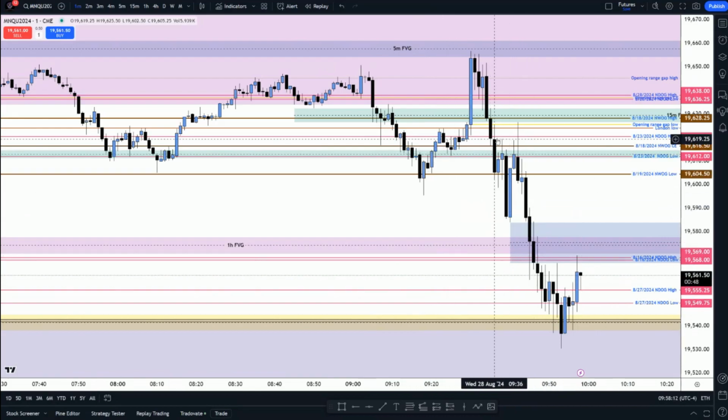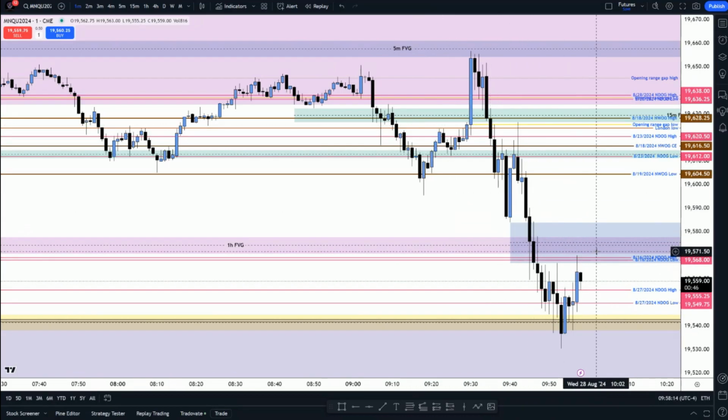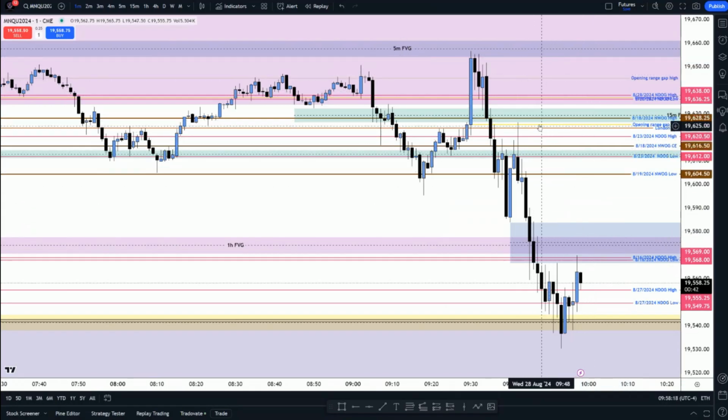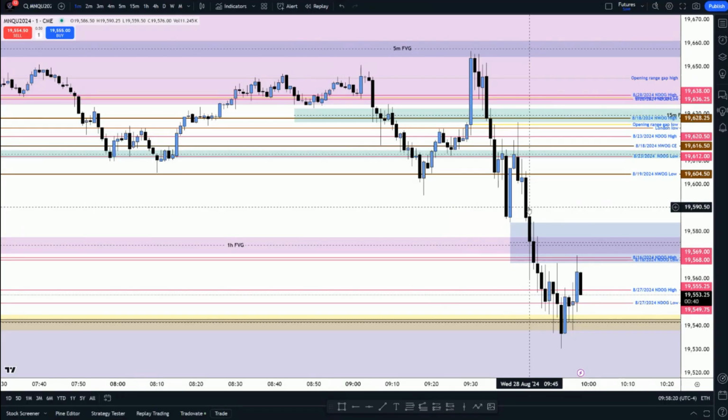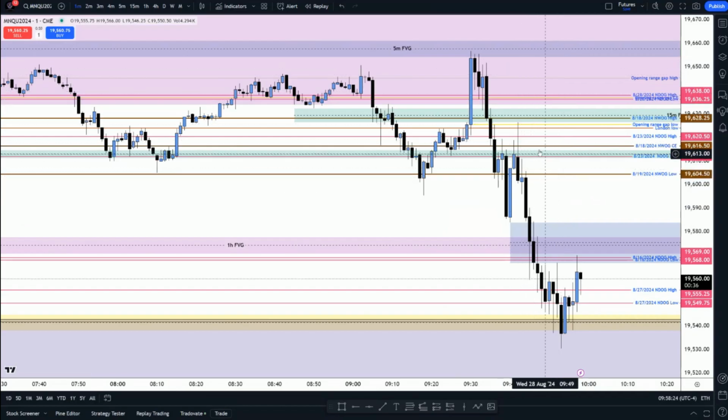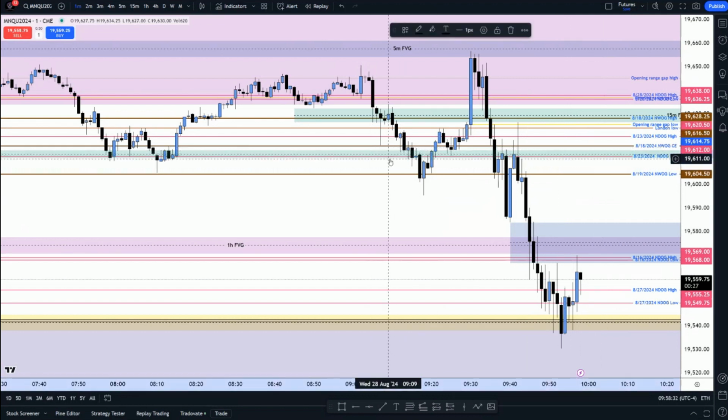And then more than likely, like 71. I mean, I don't think I'll try to take it all the way up, but you have this high, the opening range gap low. Get rid of this one.